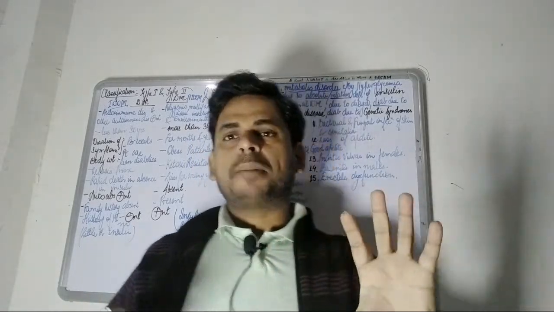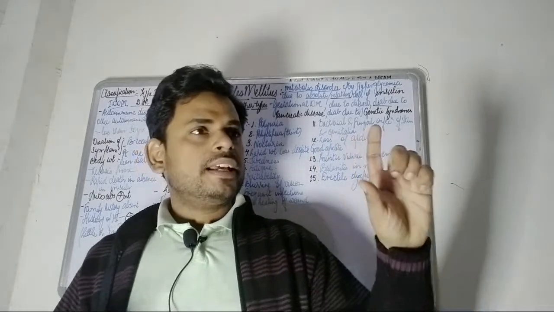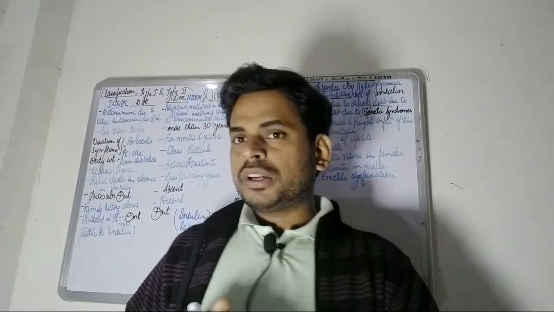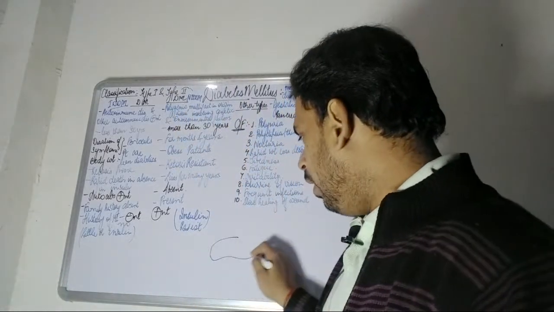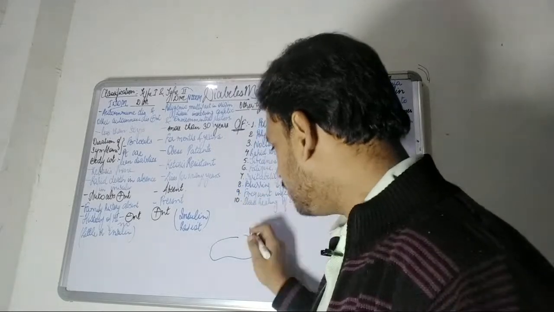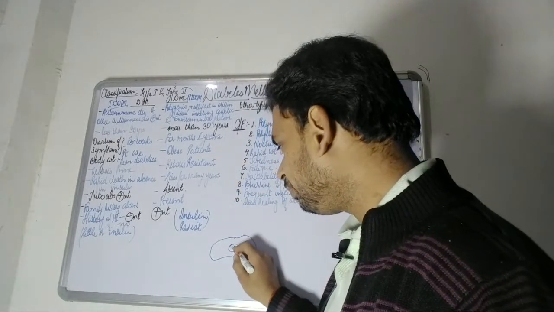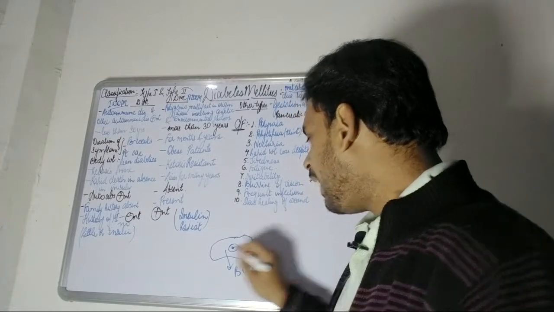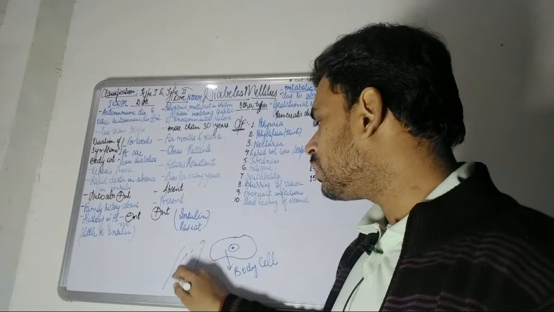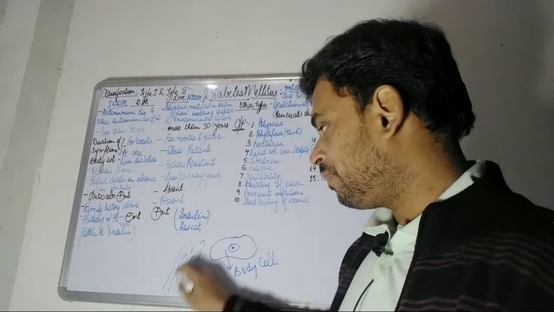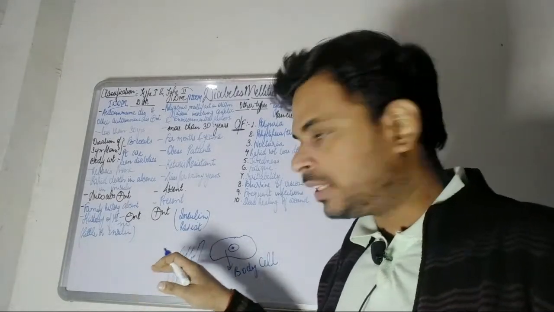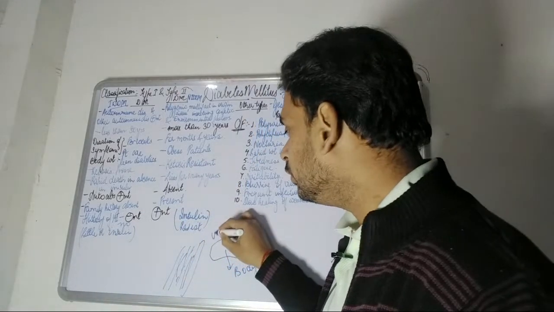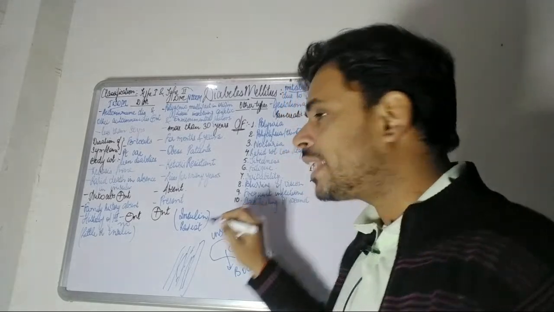So what is going to happen is that insulin somewhat resembles a key. A key for what? If this is a body cell, and excess glucose is circulating in the bloodstream, then insulin is going to act as a key.